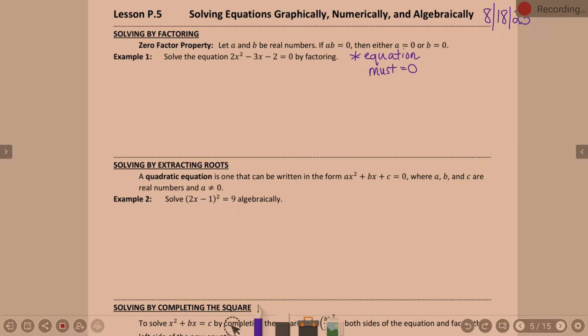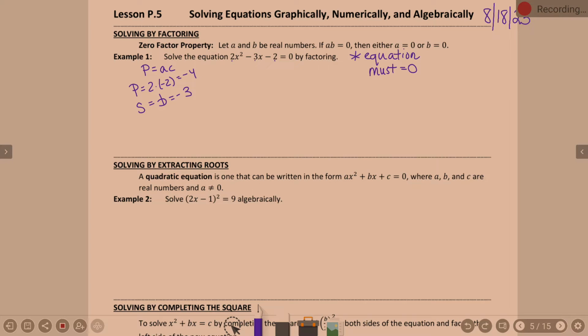If we talk product of AC, AC is what? The 2 and the negative 2. So 2 times negative 2 is negative 4. So we need two numbers that give us a product of negative 4 and a sum of your B value, which is specifically negative 3.